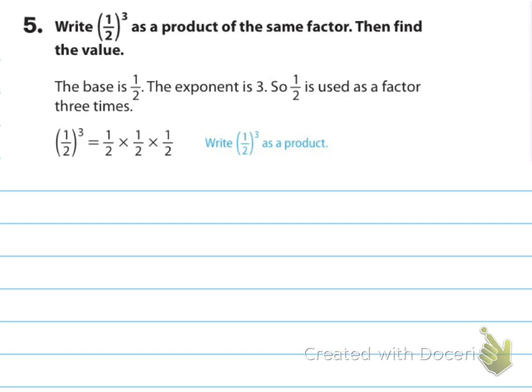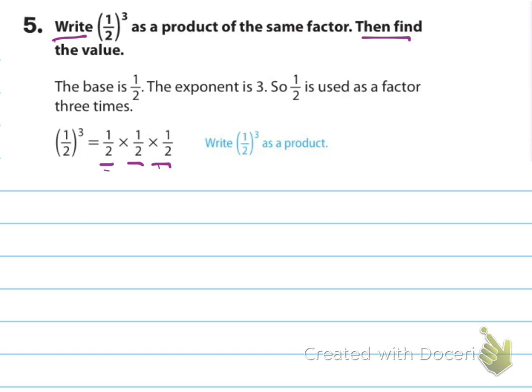This next one says write 1/2 to the third power as a product of the same factor, then find the value. So again, 2 things that they're asking for, writing it and then finding the value for it. If it's 1/2 in parentheses, all to the third power, then we're going to have 1/2 times 1/2 times 1/2, 1, 2, 3 times.